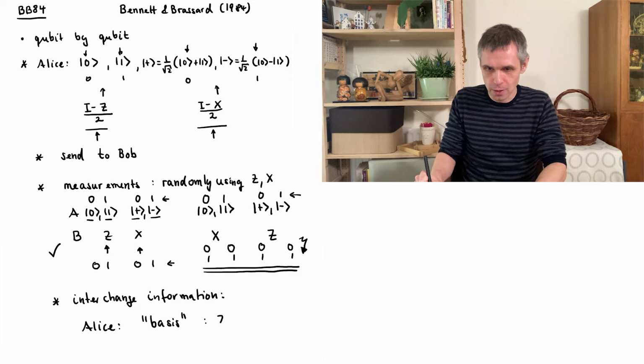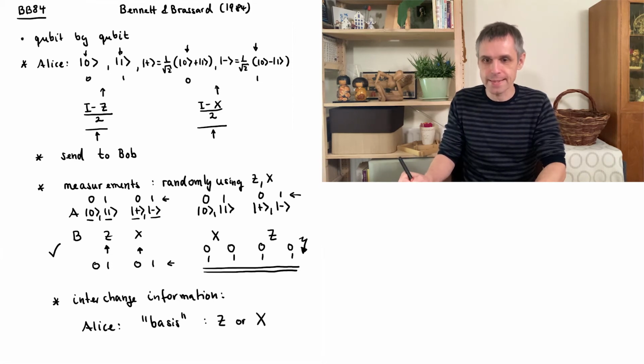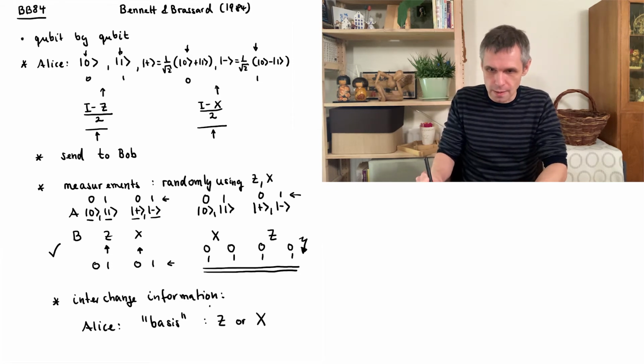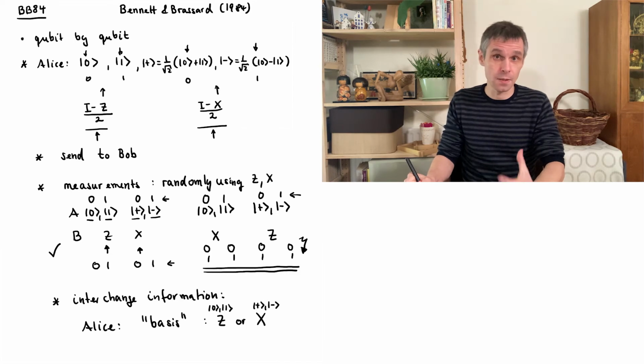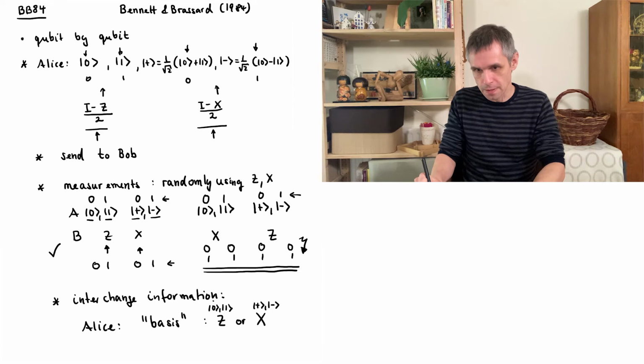So for each quantum bit, she specifies whether this was the basis associated to Z or X. So this lets us know that the quantum bit was sent as either 0 or 1, or perhaps as plus or minus. But in both cases, it does not disclose any more than this. In particular, it does not tell you whether the state was specifically the state 0 or the state 1, or whether it was the state plus or the state minus. We only know that it was one of these two states or one of these two states.